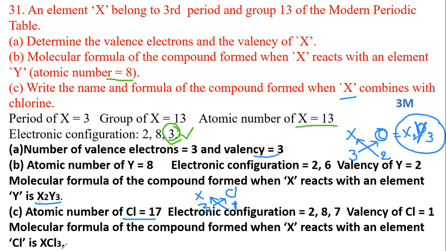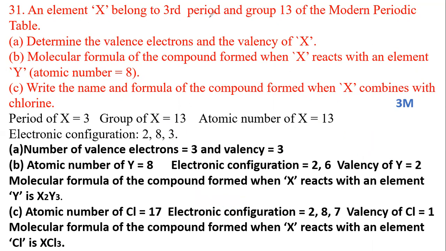Crisscross it, you will get XCl3. Isn't it very easy? This is how to write the answer. Before answering A, B, C, try to understand the element and its configuration, then you can easily answer. Understood? We'll move to the next question.